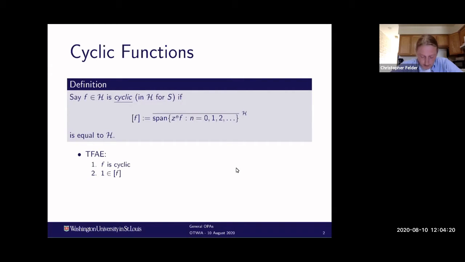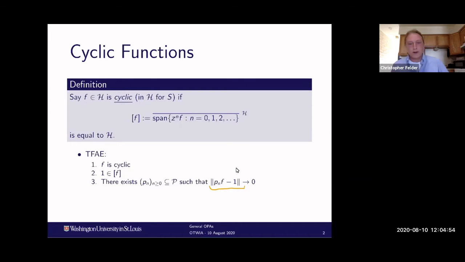So bracket 1 will be contained in bracket F, so if 1 is in bracket F, then F is certainly cyclic. And lastly, if 1 is in bracket F, then we should be able to approximate 1 by some polynomial multiples of F. Namely, there should be a sequence of polynomials Pn so that the norm of Pn F minus 1 goes to 0.